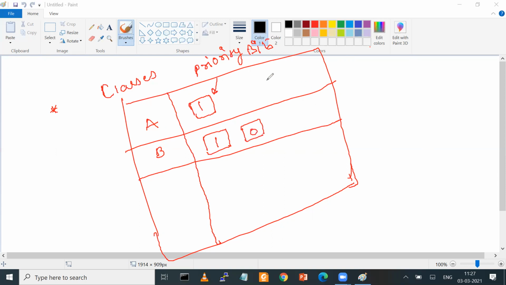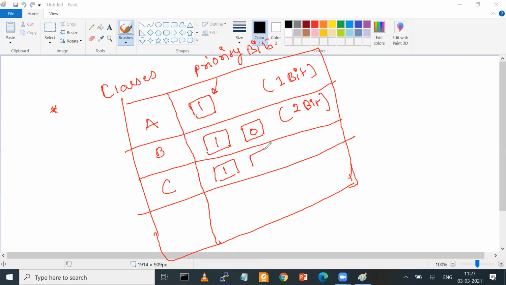So here we are getting 1 bit, and in case of class B we are getting 2 bits for priority. Class C is 1 1 0, so 3 bits.